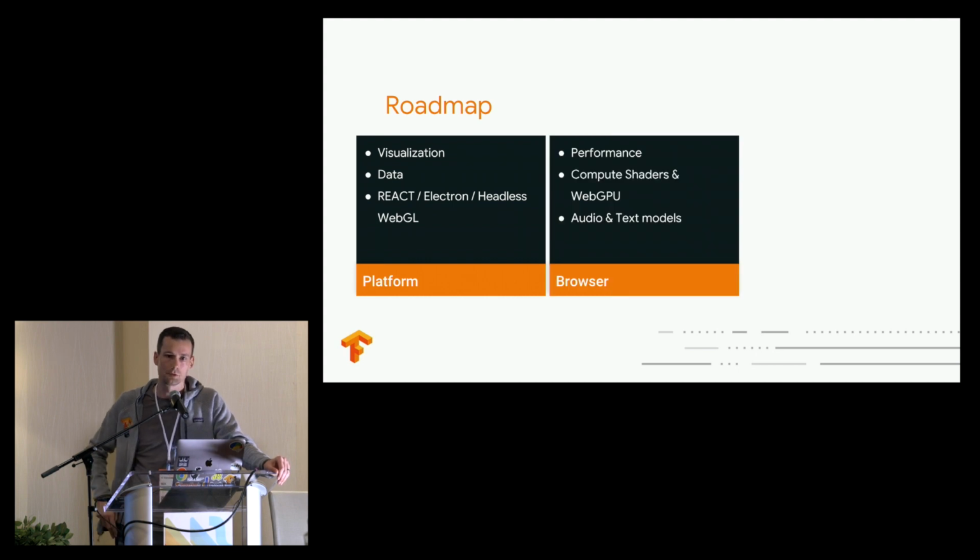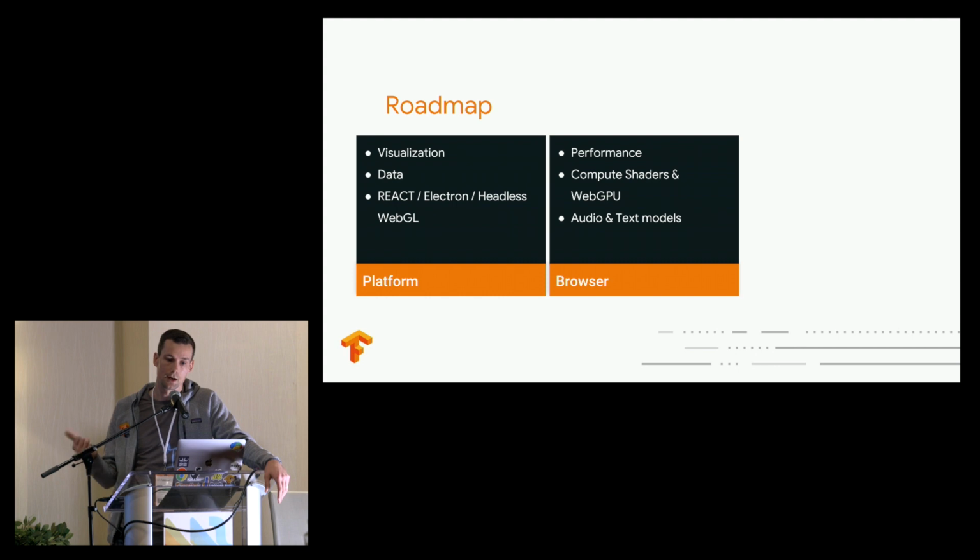In the browser, we've been focusing a lot on two main components. One is bringing more of those easy-to-use models, like the COCO-SSD, the speech commands, definitely focusing more on the audio and text sentiment analysis models. So models that you can throw in your browser and look at a grouping of text and make an analysis from that. The other interesting thing we've been doing is focusing more on the performance area.